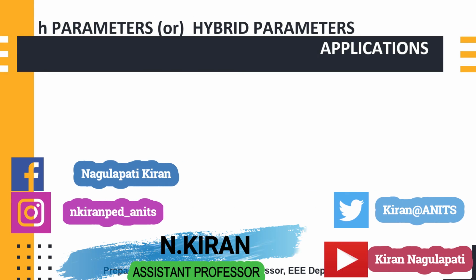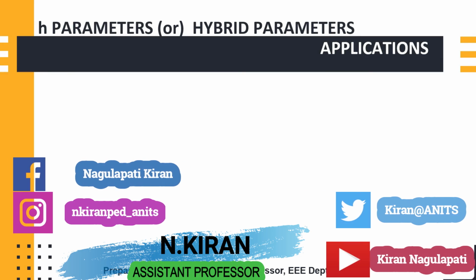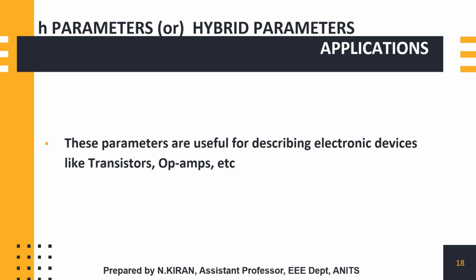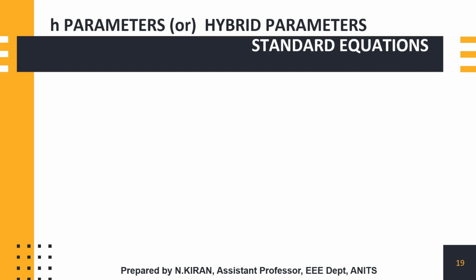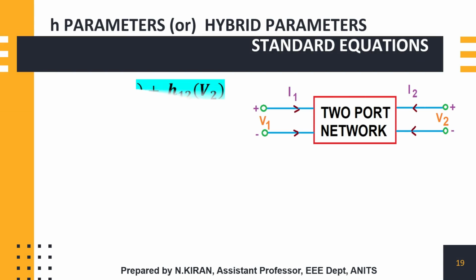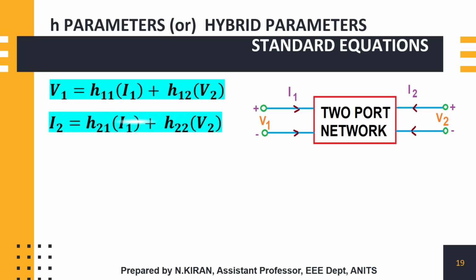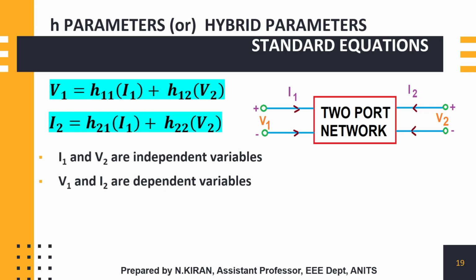So next is the H parameters or hybrid parameters. The hybrid parameters are generally used for describing electronic devices like transistors and op-amps. The standard equations for H parameters are V1 is equal to H11 I1 plus H12 V2, and the second equation is I2 is equal to H21 I1 plus H22 V2. Here I1 and V2 are independent variables and V1 and I2 are dependent variables.